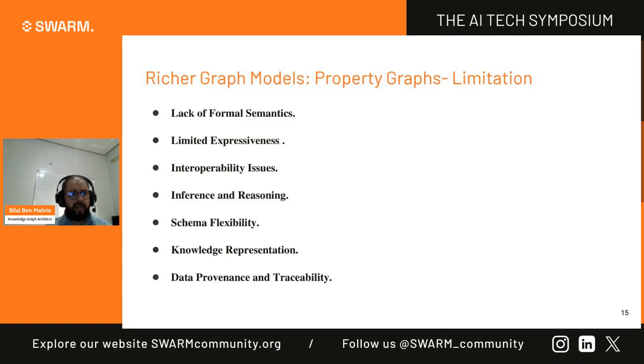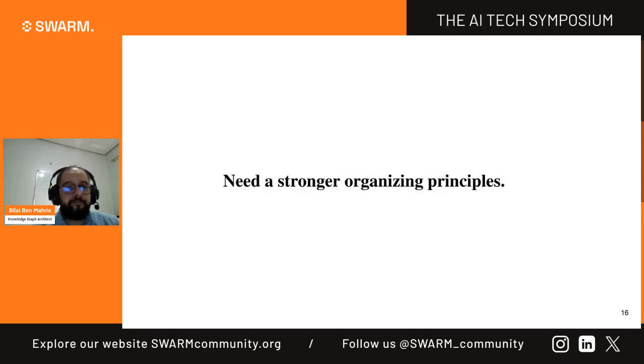And then we have the knowledge representation limitation, because in property graphs the labels and the edges are only tags that tell us the role of the nodes and nothing else. And if we want to achieve data provenance and traceability, it's hard to do that with property graphs.